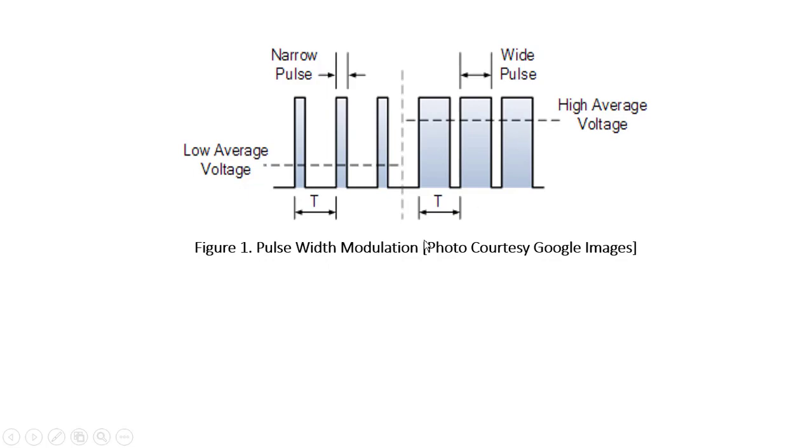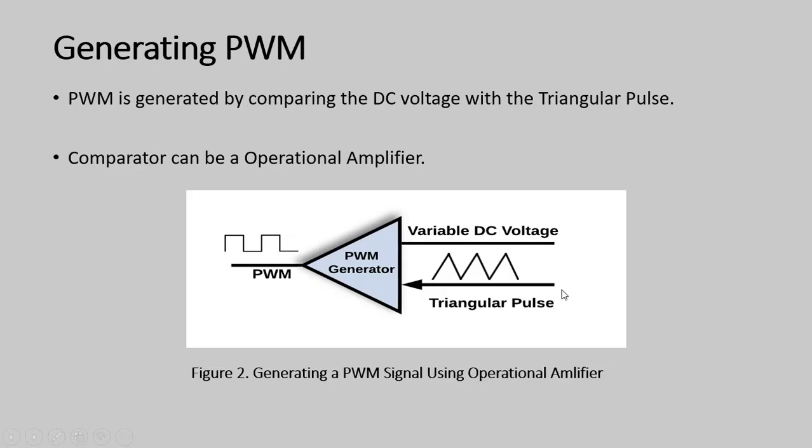The PWM can be generated by comparing two signals. One is a triangular pulse, as you can see, and another is the DC voltage.